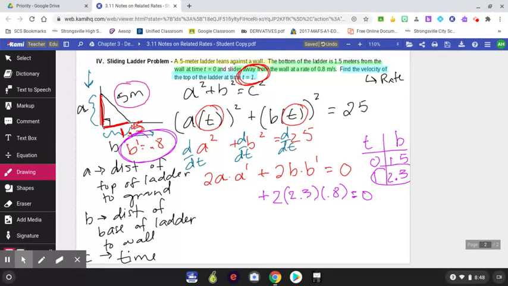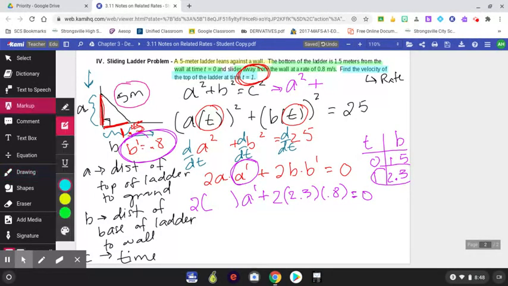And I also know that I am trying to find a prime, right? It says find the velocity, which is a rate, of the top of the ladder at time t equals 1, which means I'm supposed to know what a is. Well, I don't know what a is right now per se, but I could use the Pythagorean theorem to figure that out, right?